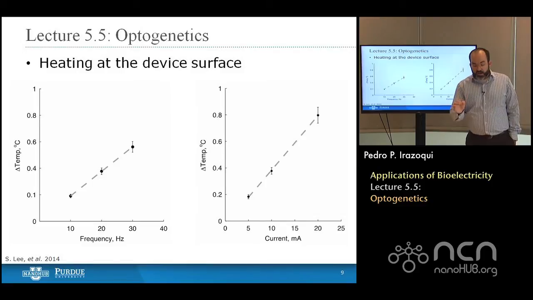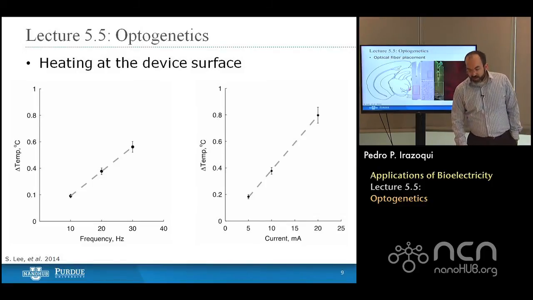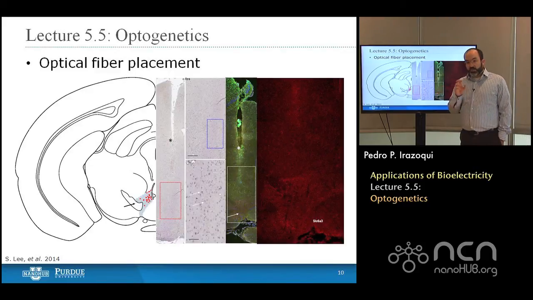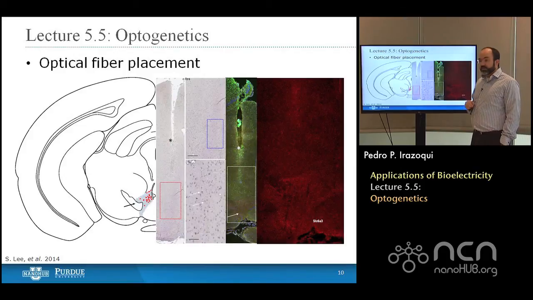We know that it's small. Can we position the optical fiber in the right part of the brain? We designed an experiment in which we would take animals and position these optical fibers in that same area of the reward pathway that we looked at in lecture 5.3, and modulate the reward pathways using light.